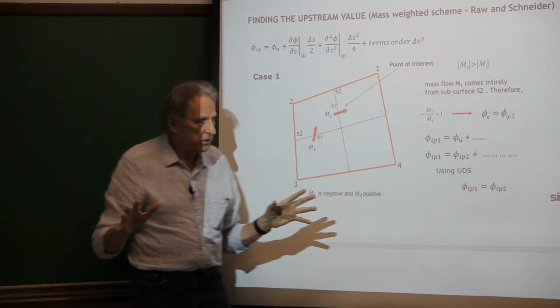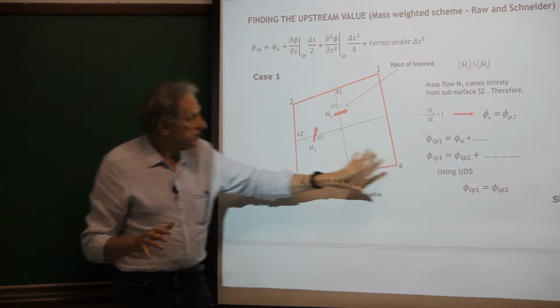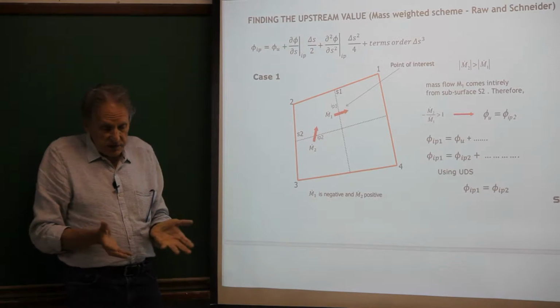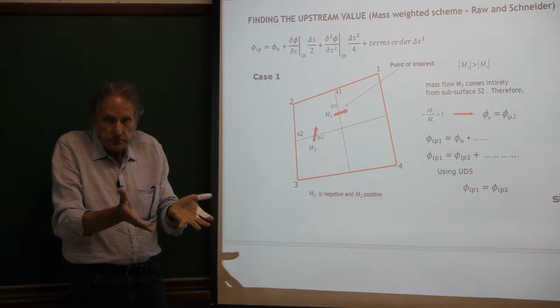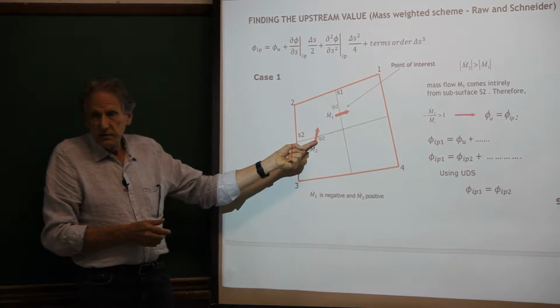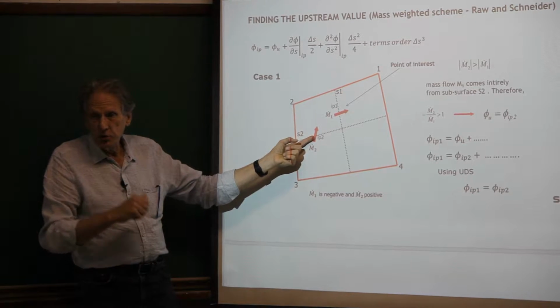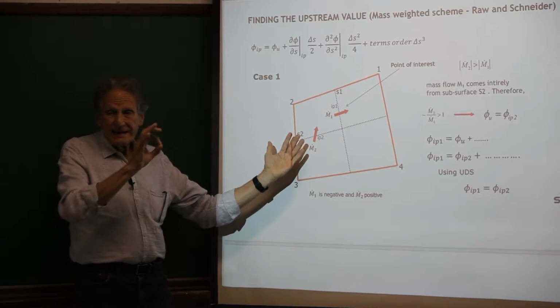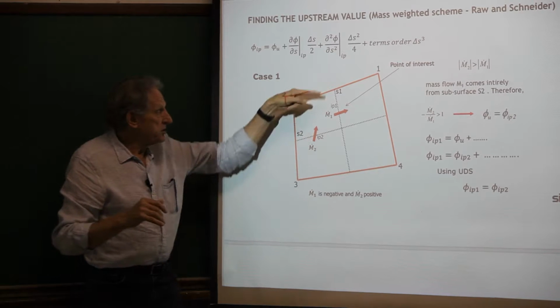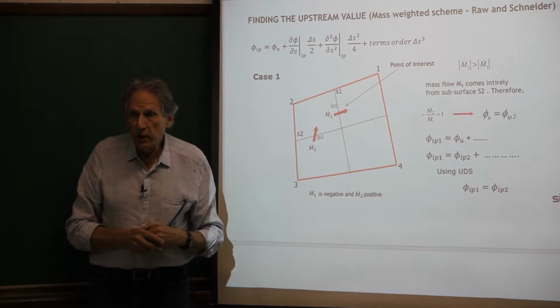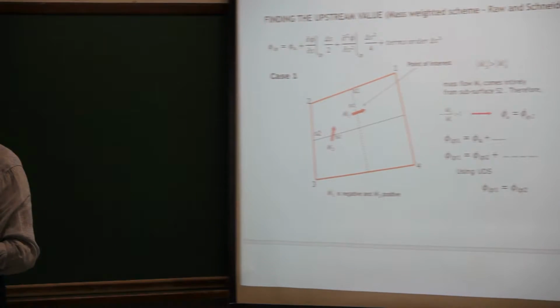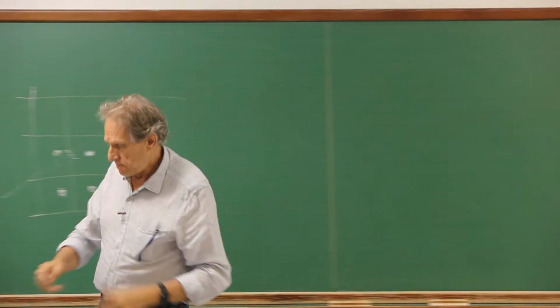We already talked about that. But what we see in this picture, that's the donor cell. The donor point is IP2. Offers the full information to IP1, which is our point of interest. Okay?